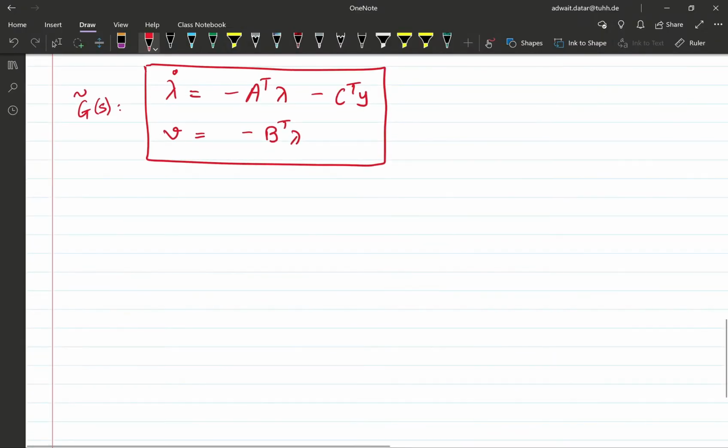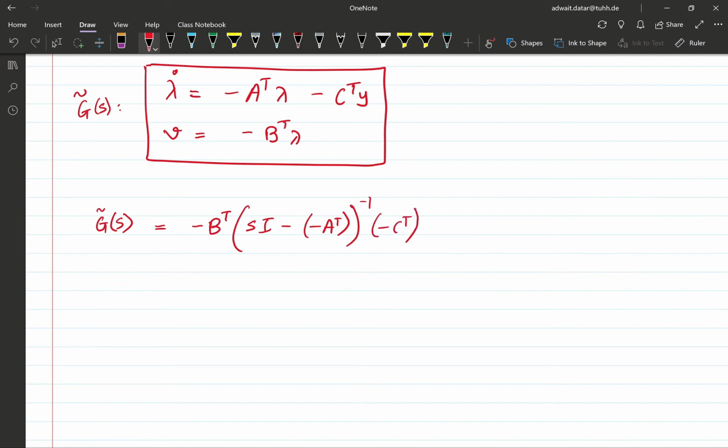And we know that the transfer function representation for G tilde of S is then just minus P transposed times sI minus A transposed inverse minus C transposed.